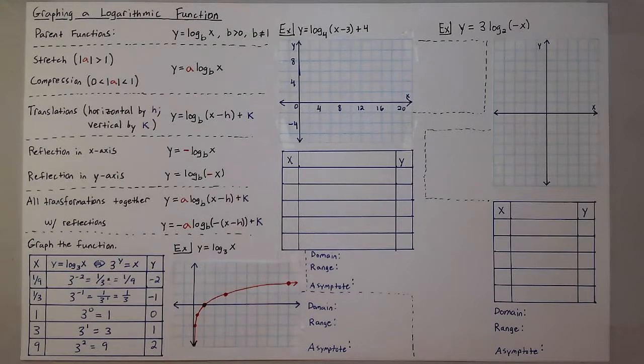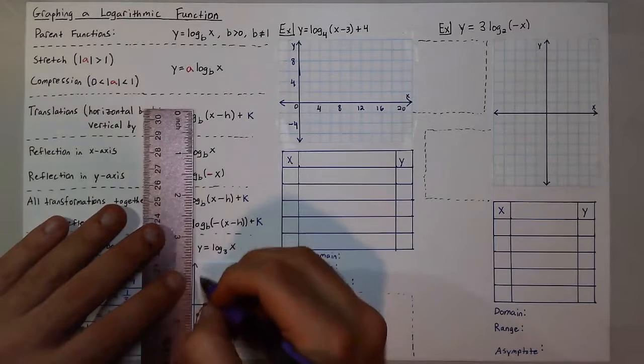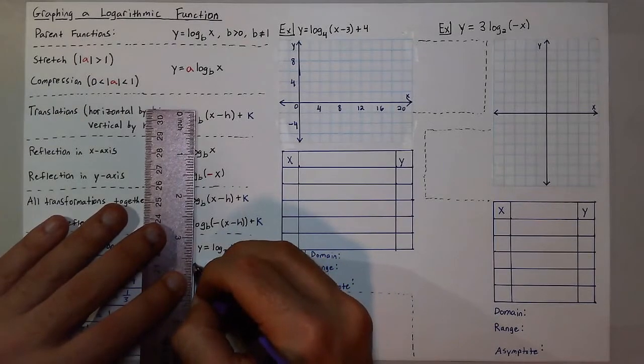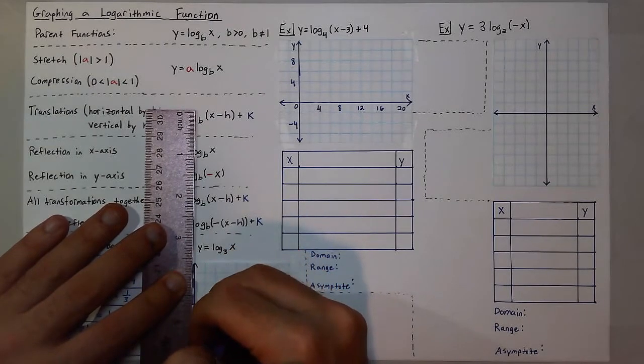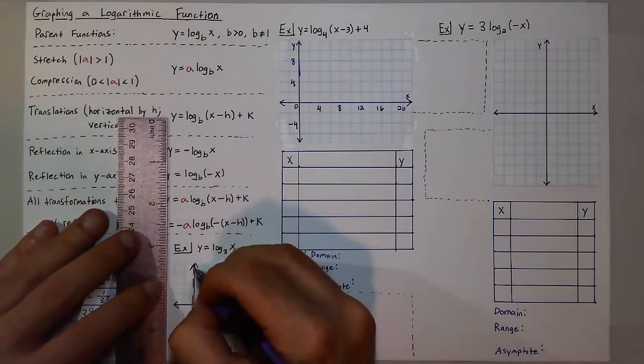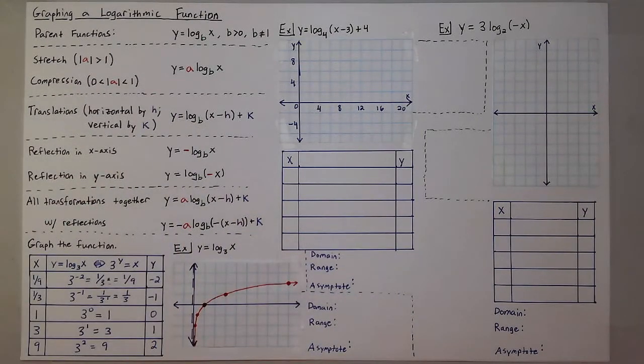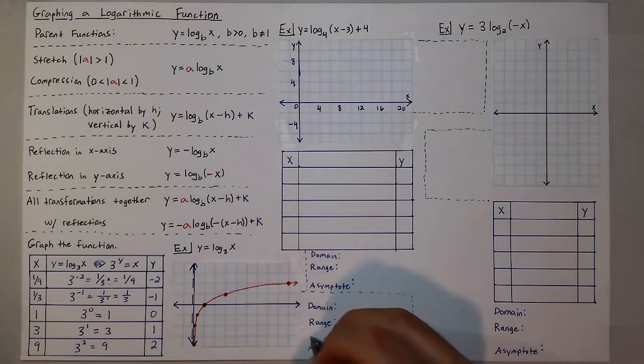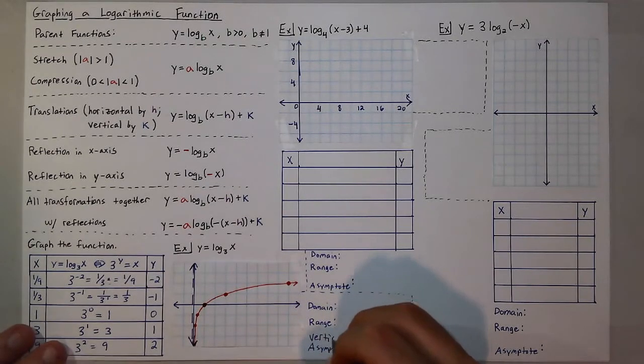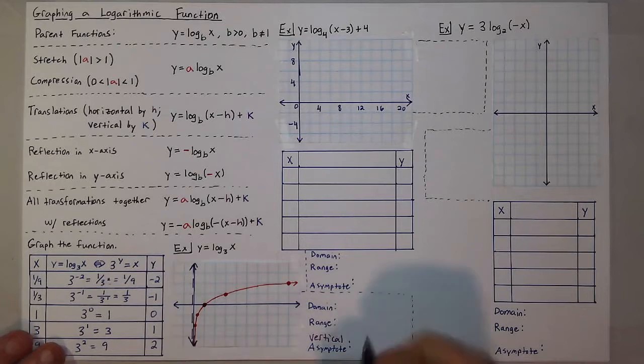So one thing you'll notice here is that since it never touches the y-axis, that makes the y-axis an asymptote. Now in this case, the asymptote isn't horizontal like an exponential function, it is vertical. So I'll have a vertical asymptote for this function at x equals 0, which is also known as the y-axis.